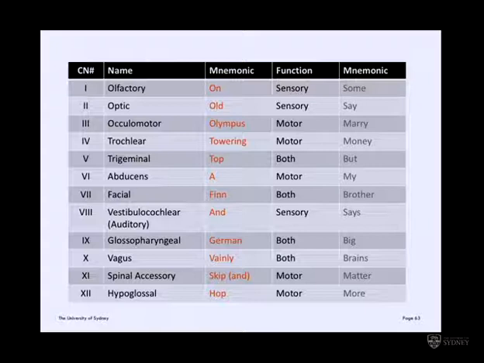Google has much more colorful mnemonics, which I'll probably get fired if I stick up here. So do look at Google and try to remember these names and their functions. Very important as well. Okay? As you'll see, some have pure sensory functions. Some have pure motor functions, and others have both.